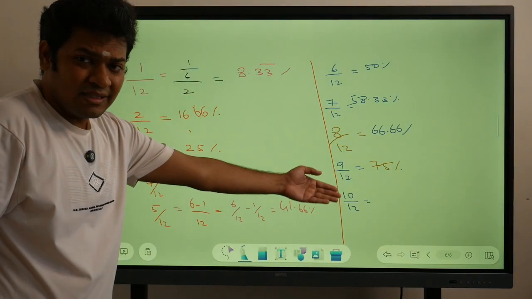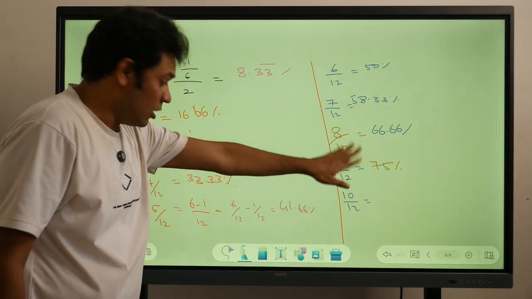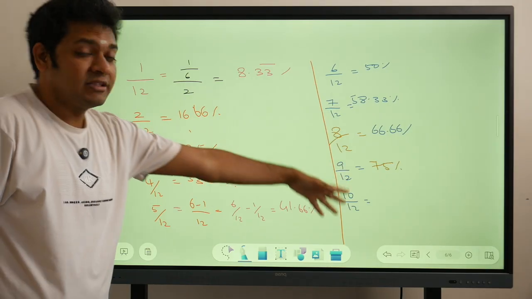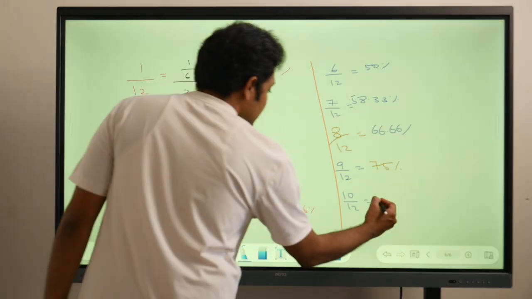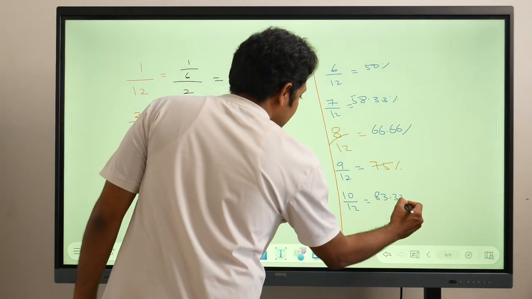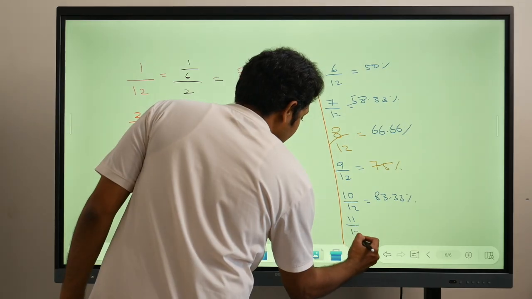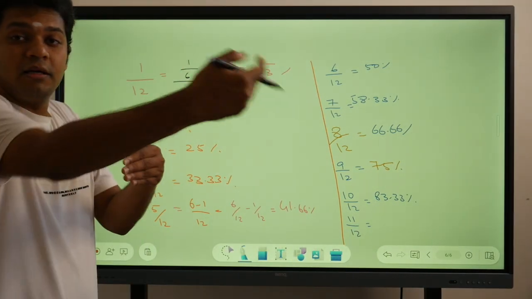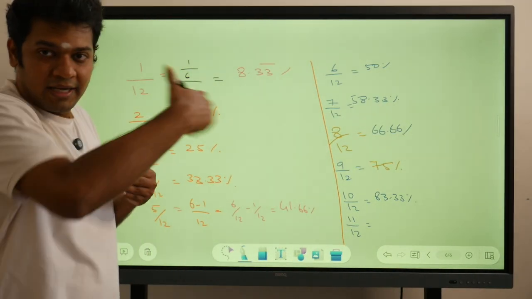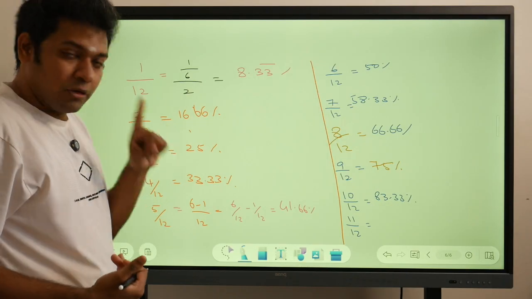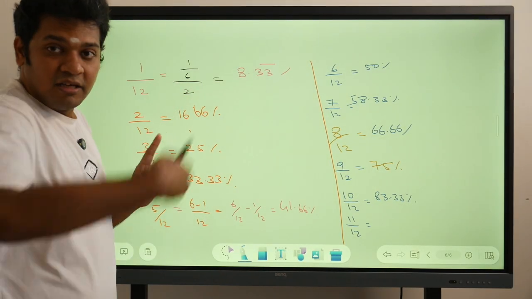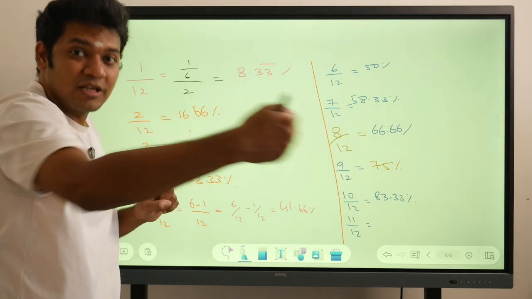Then 10 by 12. 10 by 12 can be written as 5 by 6, or 1 by 12, which is 8.33, multiplied by 10, I'll get 10 by 12: 83.33%. 11 by 12 is nothing but 12 by 12 minus 1 by 12. So 12 by 12 is 1, 1 by 12 is 8.33. From 100%, I should subtract 8.33.